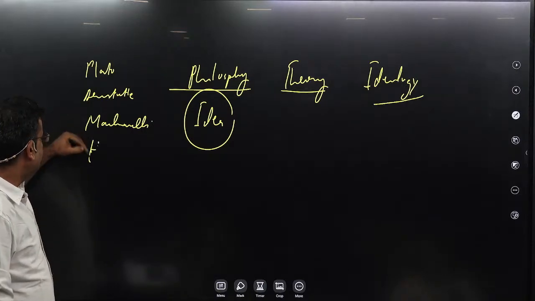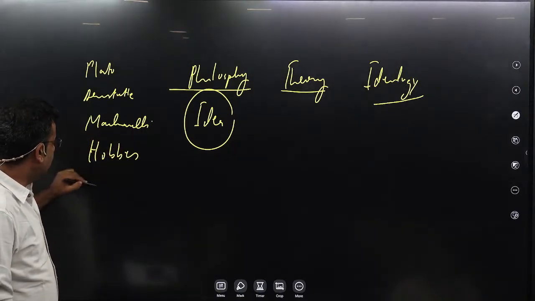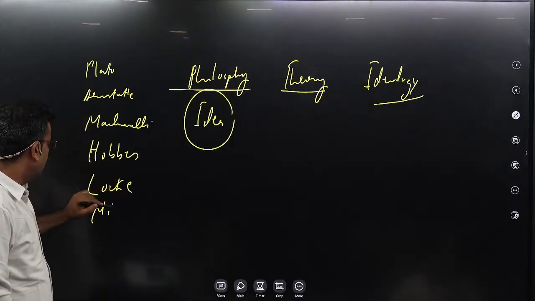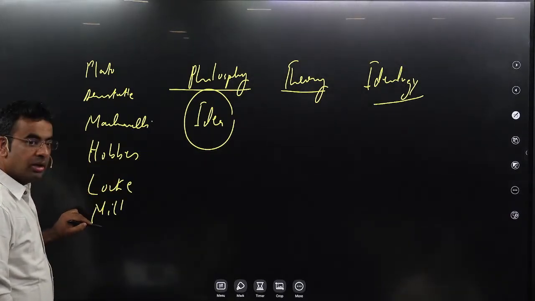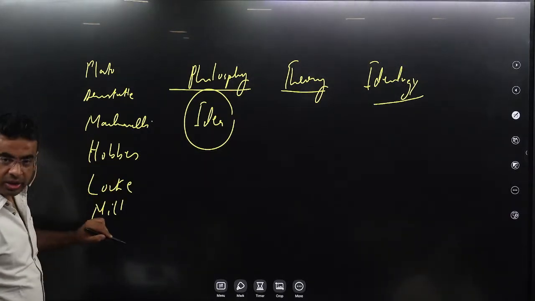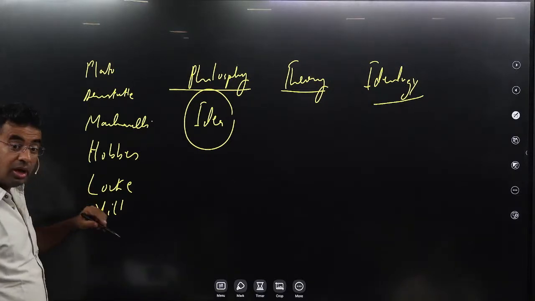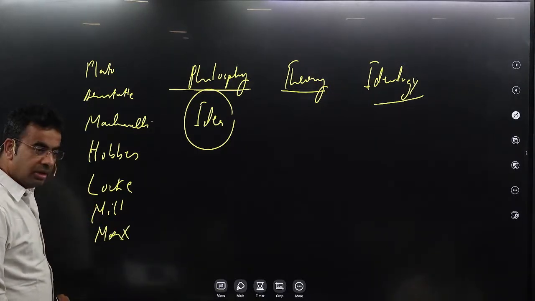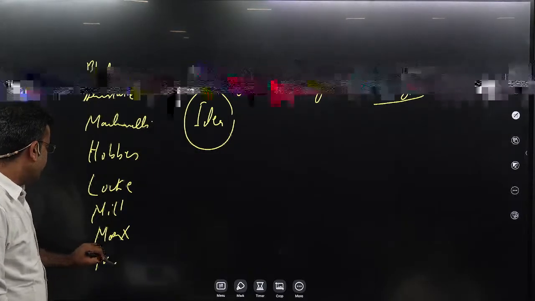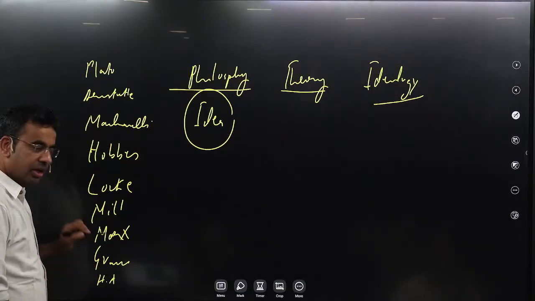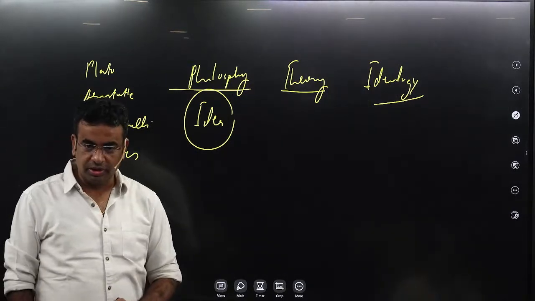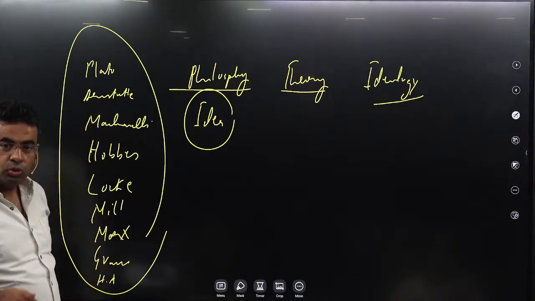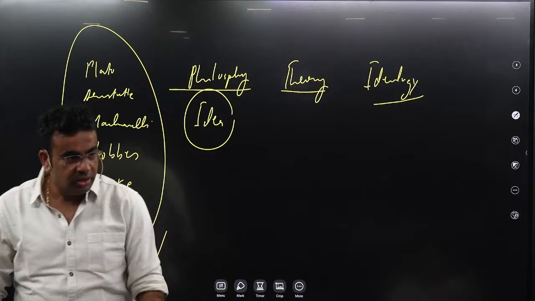Then Hobbes, then Locke, then Mill, then Marx, then Gramsci, then Hannah Arendt, the only woman philosopher. They all have given one or the other idea. So those who have given ideas, they are philosophers.